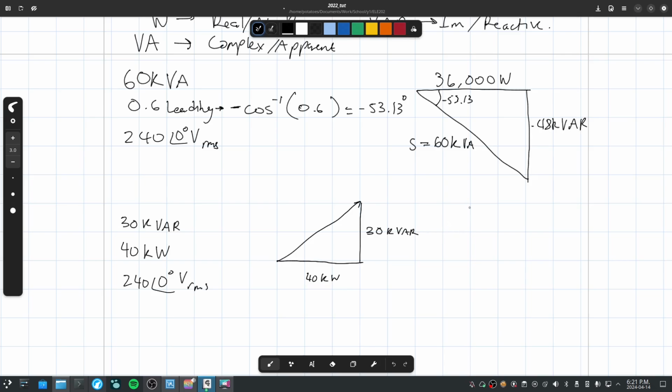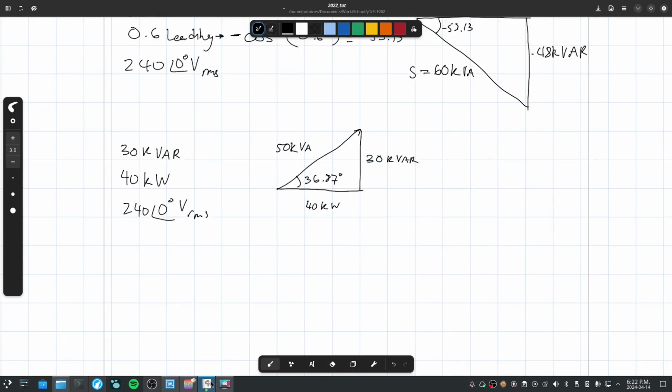And if you turn that into phasor form, it will give you your hypotenuse, 50,000 VA, and your phase, which is 36.87 degrees. So there you go. That's how easy it is to make the power triangles.